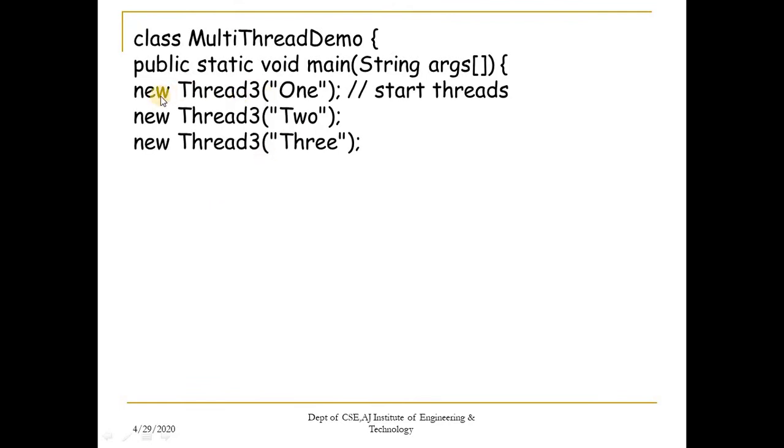So since thread3 is called thrice, 3 child threads are created with the names 1, 2 and 3.